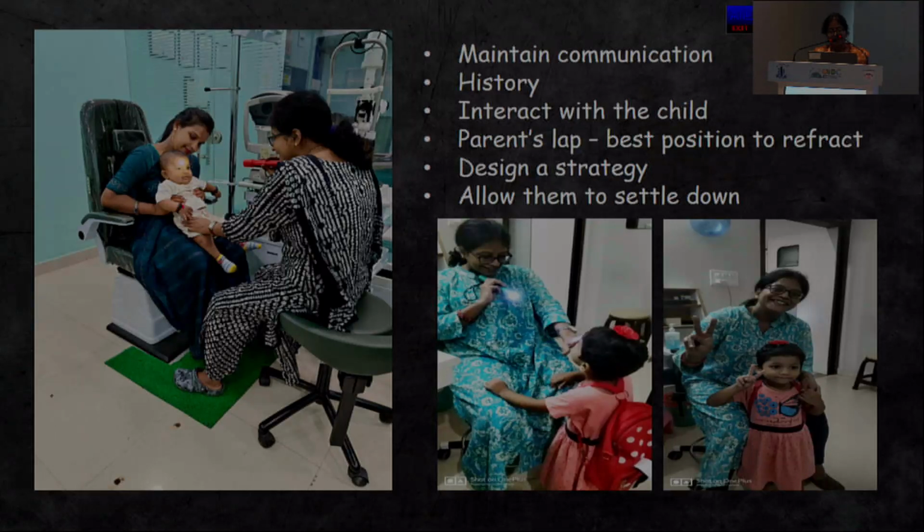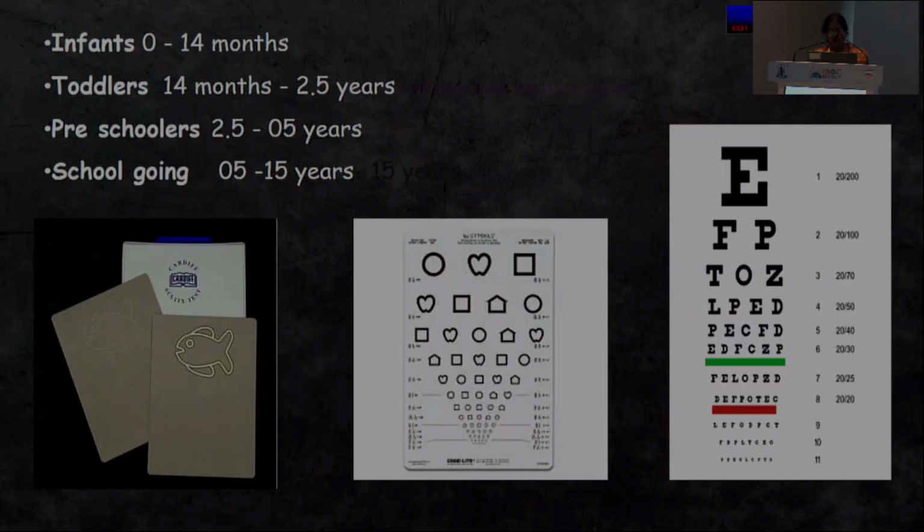When the child is relaxed, you can do the baseline torchlight examination, and if the child has a squint, a cover-uncover test. In parallel, you can take the ocular and systemic history, and then design the strategy for how to proceed further.